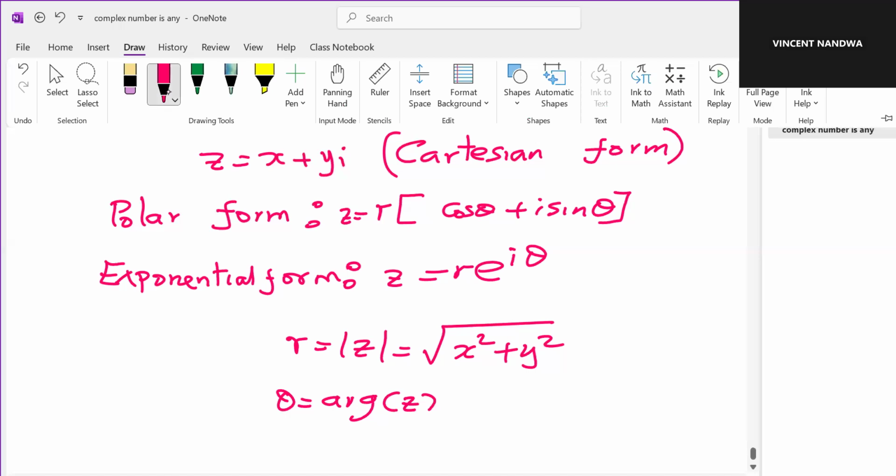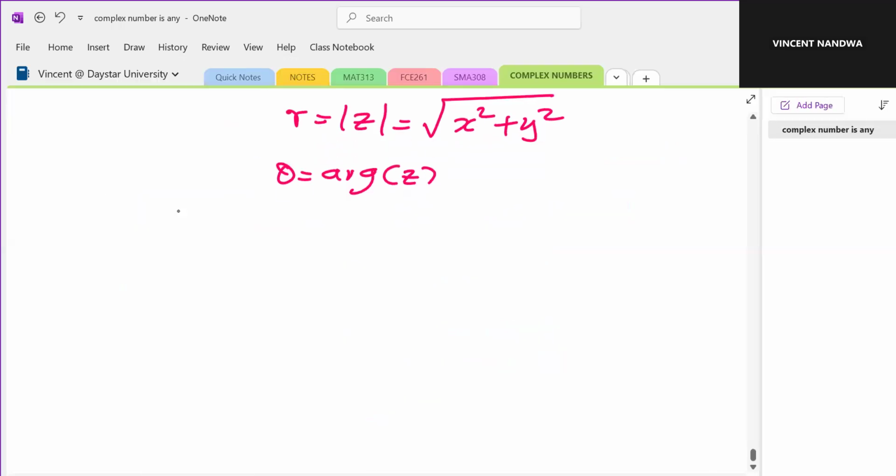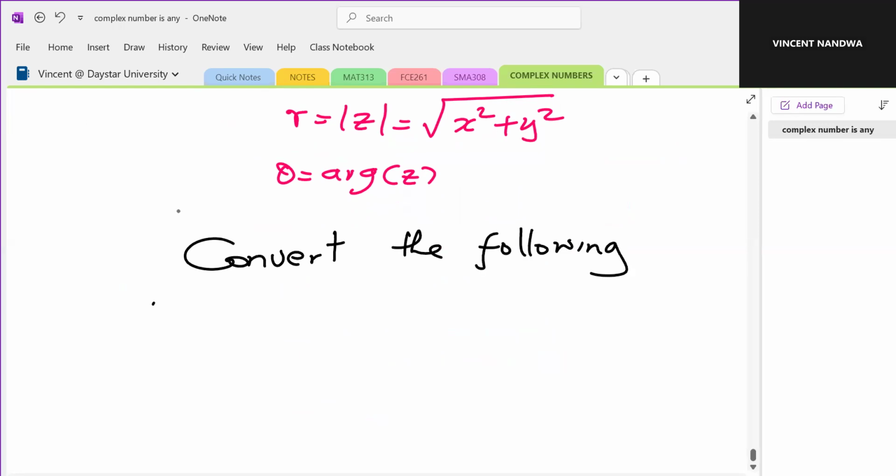So let's give an example. So convert the following into polar and exponential form.